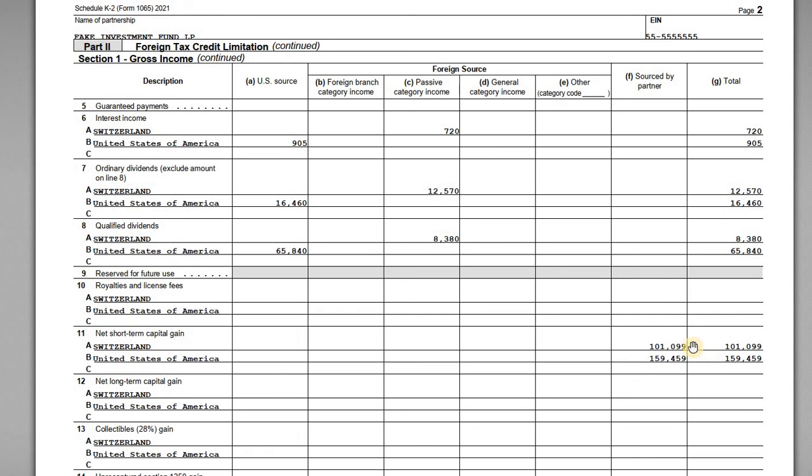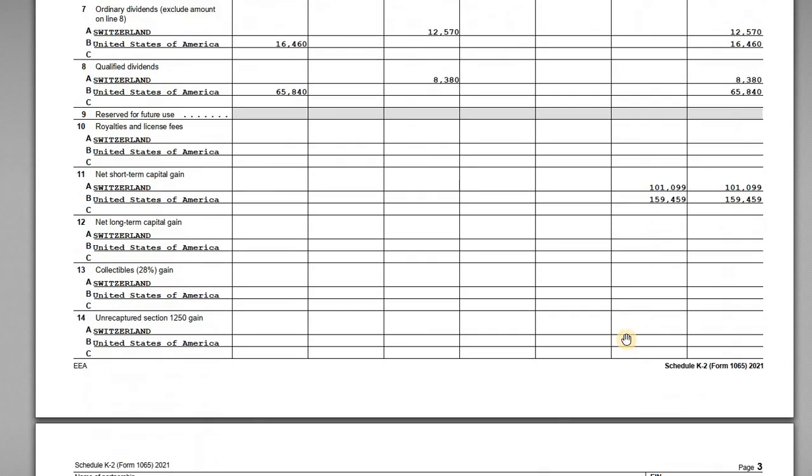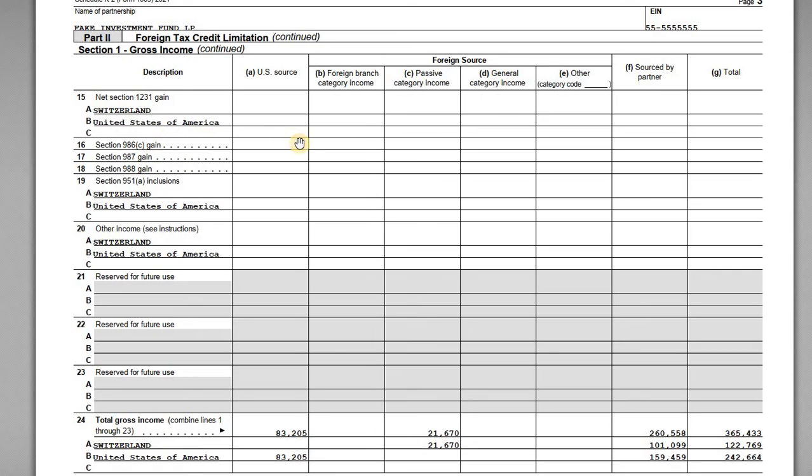So what would really happen if this was 2022, I would total these up, put it on line C, put XX on line C there as the country, and that would let people know that it's really being sourced by partner, it's not being assigned to any country, move on. But for 2021, I had to do it this way in order for it to make the most sense given the limited instruction we had. Okay, so that covers those pieces.